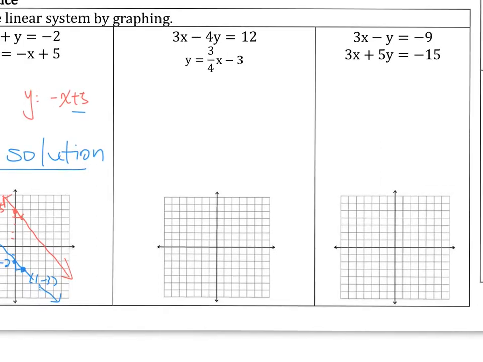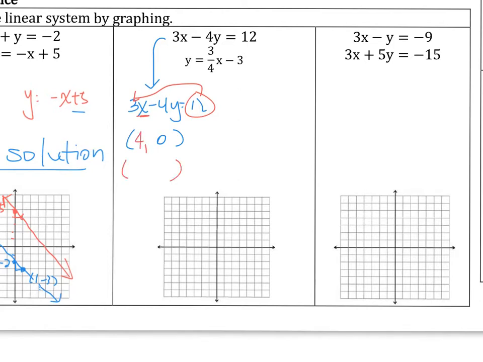Okay, and for this next system of linear equations here, I can find the x and y intercepts. So 3x minus 4y equal to 12. 12 divided by positive 3 is 4. So this is the x-intercept.